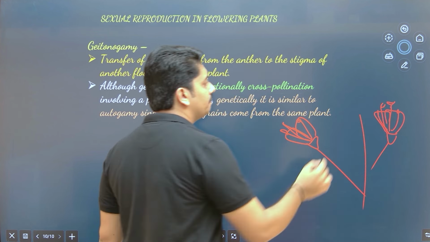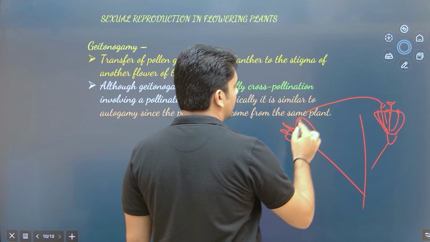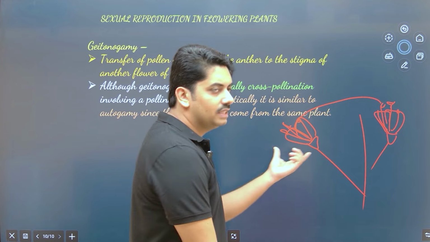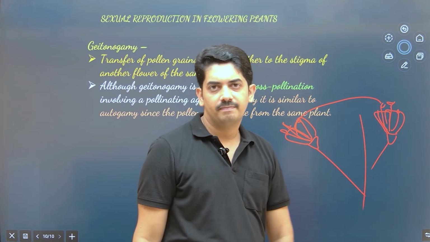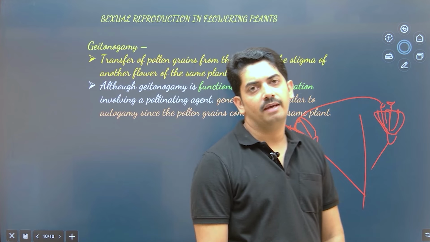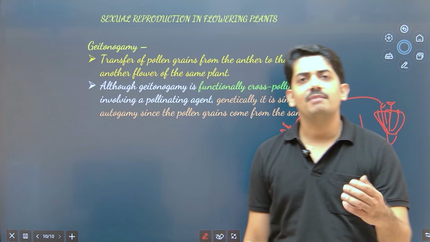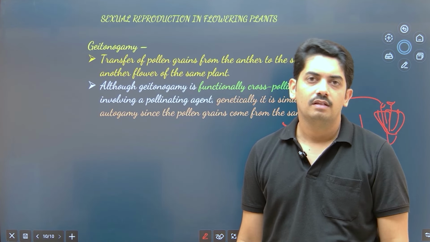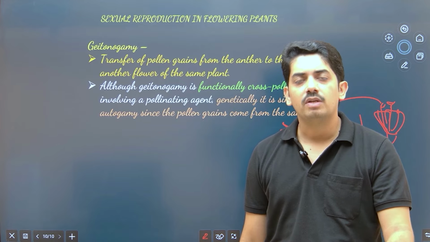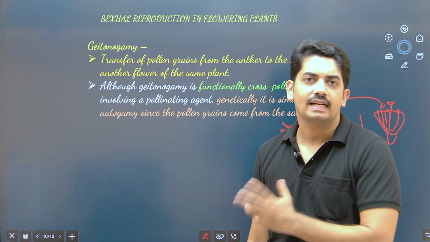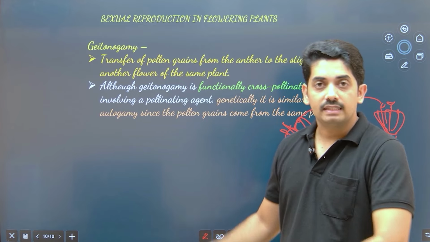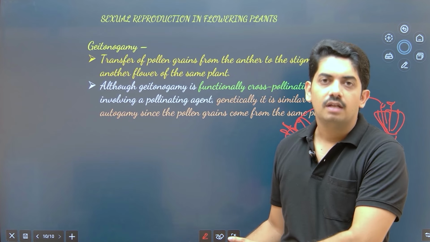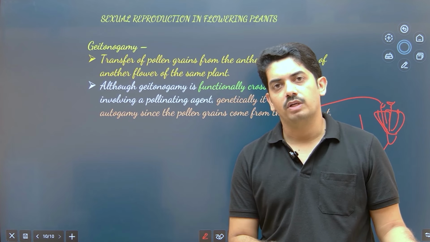Now transfer of pollen takes place from anther to the stigma of another flower of the same plant. This is geitonogamy. Now tell me, what difference does geitonogamy make compared to autogamy? They are almost the same, because genetically the offspring are exactly similar to their parents, but this is cross pollination similar to self pollination.